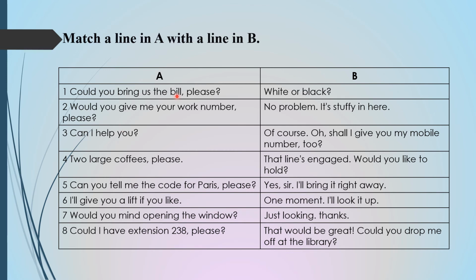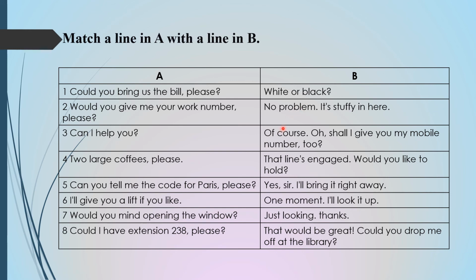Though we use please here, we can still understand that we can use can, could, or would to make a polite request. Still, look at this one: 2 large coffees, please. There is no question, but still you are asking in a polite way.